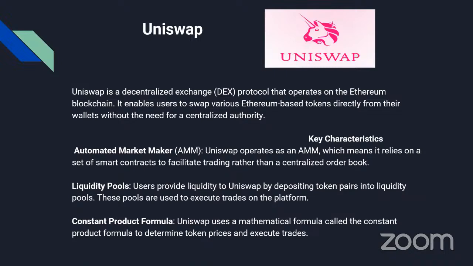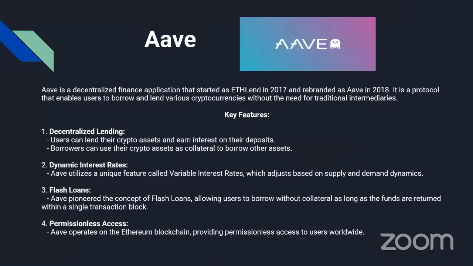So another protocol we'll look at, of course, is Aave. Aave is a lending and borrowing protocol. Unlike Uniswap, where you go to actually swap your tokens, in Aave you can provide liquidity just like Uniswap.